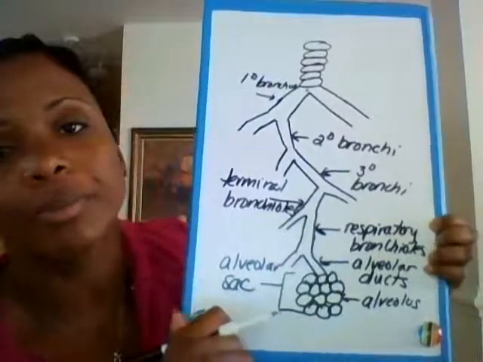Plural, alveoli. The alveoli are the sites of gas exchange in the respiratory system. And if you look at the PowerPoint presentation where it says alveoli at the top, you will note that there are capillaries that are red and blue that completely surround these alveolar sacs.